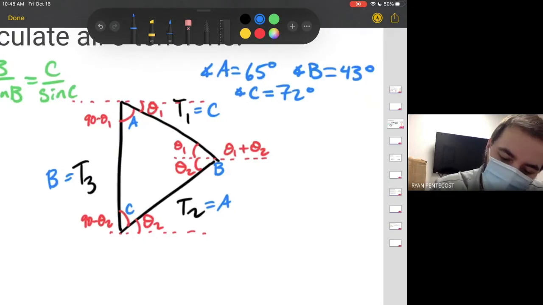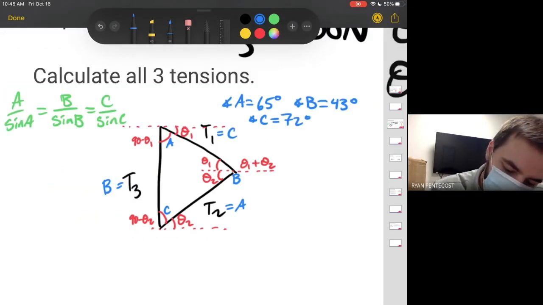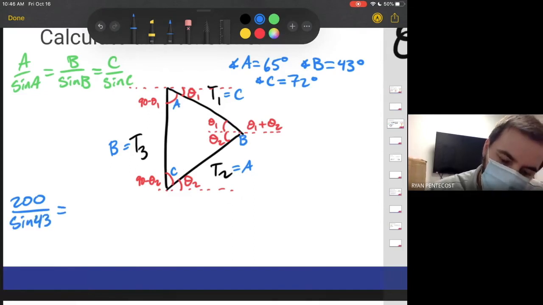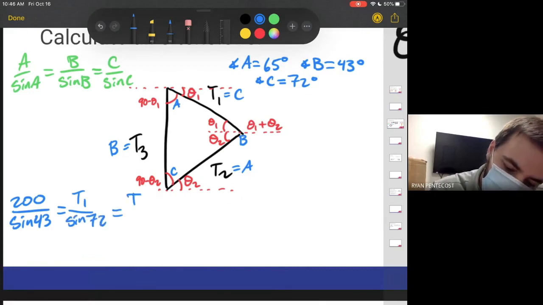So T3, we have 200 divided by sine 43, and that will equal T1 divided by sine 72, which will also equal T2 divided by, let's see, angle A, sine 65.